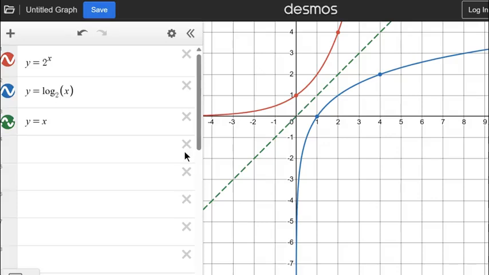We see that graphically, inverse functions are reflections of each other across the line y equals x. So the graph of an exponential function and its corresponding logarithmic inverse function are mirror images across this line. The key idea is that exponential and logarithmic functions are connected not just algebraically, but also in their graphical behavior.